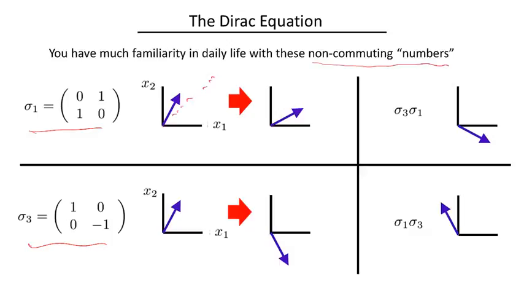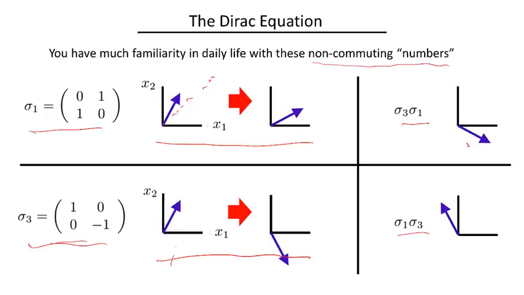This one, in a two-dimensional system, reflects a vector about the 45-degree line, and sigma 3 here inverts the coordinates. So here's how sigma 1 acts, here's how sigma 3 acts. So you can see that the operation sigma 3, sigma 1 leaves this, whereas sigma 1, sigma 3 gives that.